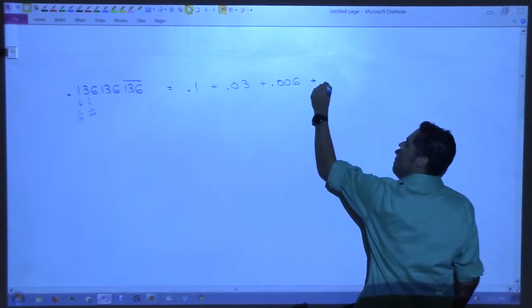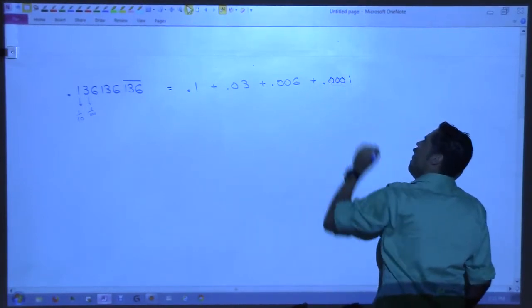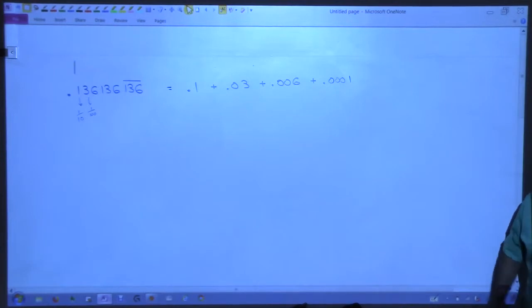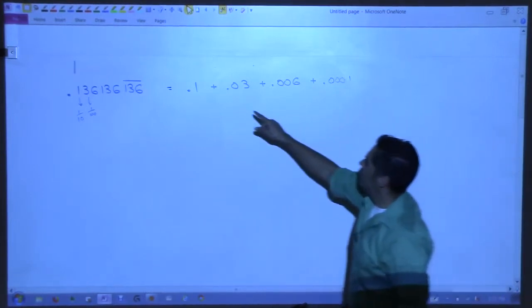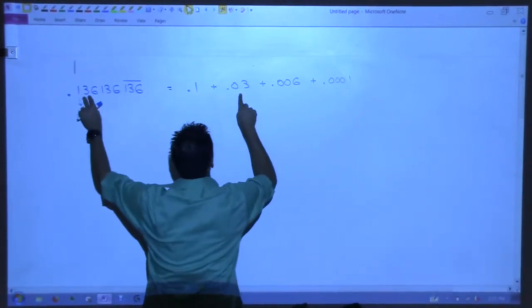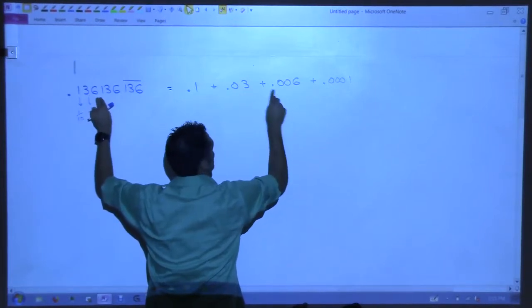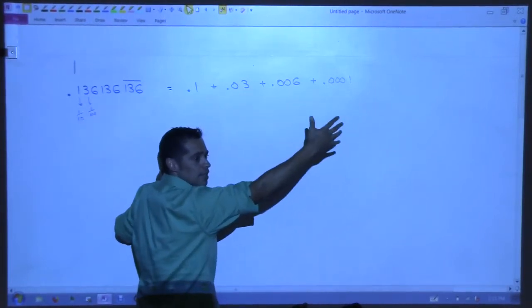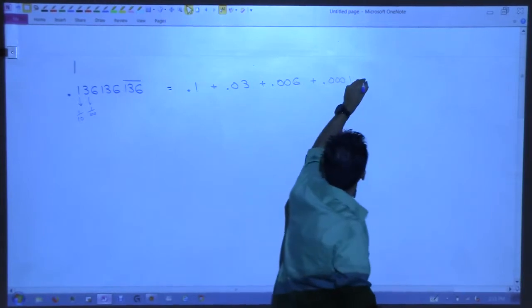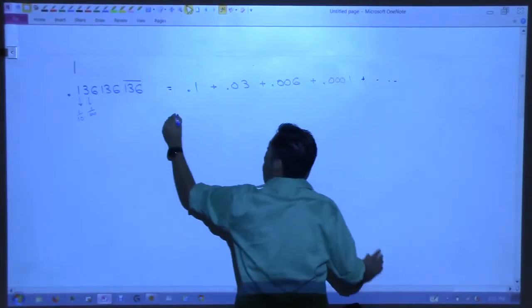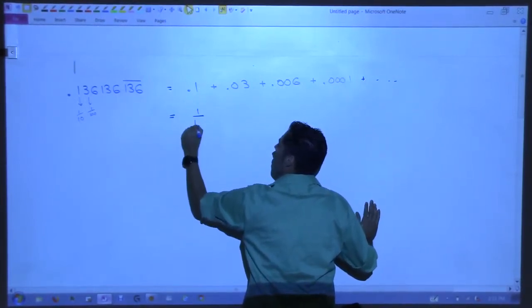Plus 1 10,000th. You see what I'm doing here? I'm building up a decimal. If I put that and that together, I get the first two. I put all three together, I get the first three. And then if I continue that, that'll give me the whole thing, right? This pattern continues.